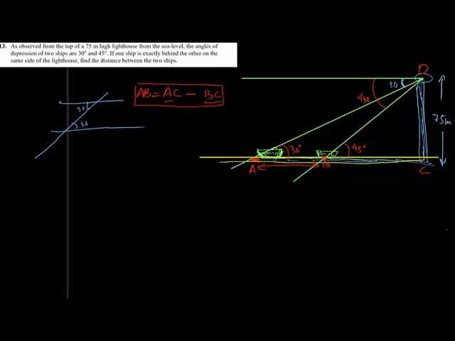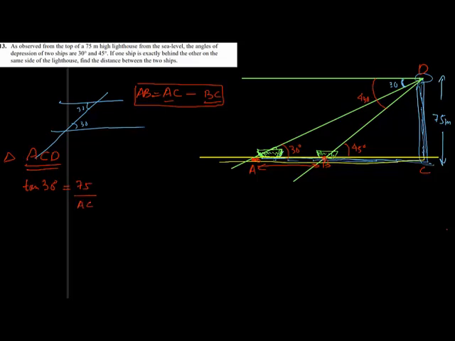So let's take triangle ACD. In triangle ACD, you are given the angle, you are given the side opposite to the angle, and you want to calculate the base, right? So again, tan of that angle, and that angle is 30 degrees. Tan 30 is opposite over adjacent, that is 75 over AC.